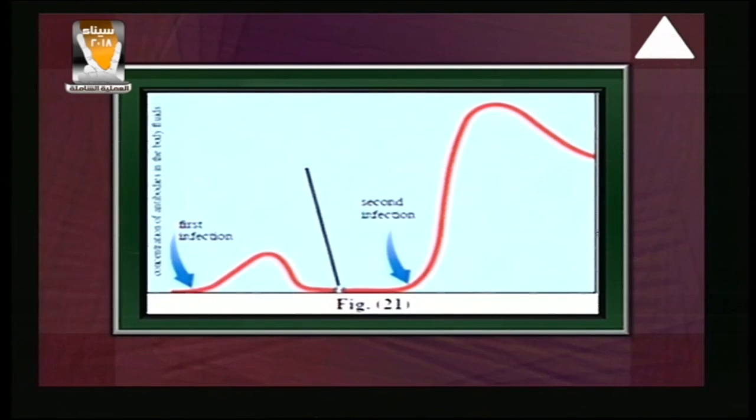When the pathogens that you had already been infected by before enter, they divide more than one time and quickly. The multiplication will be faster than before, and finally the destruction of this pathogen will be faster than in the first infection.